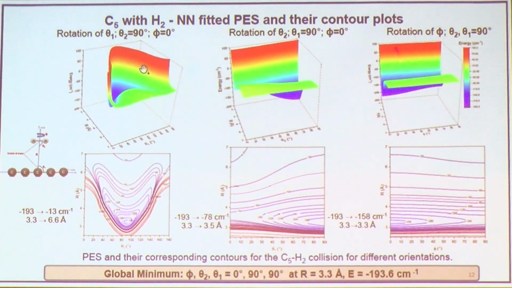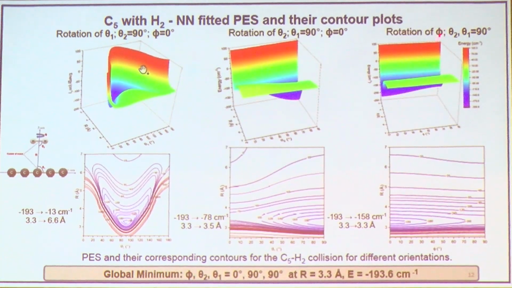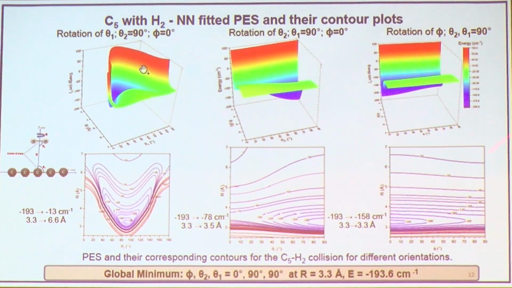And here the diagonal angle is varied, where the other two angles are kept at 90 degrees. From these contours, we found that the global minimum is at a diagonal angle of 0 degrees, where theta 1 and theta 2 are at 90 degrees, meaning the molecule C5 and H2 are in a linear position.